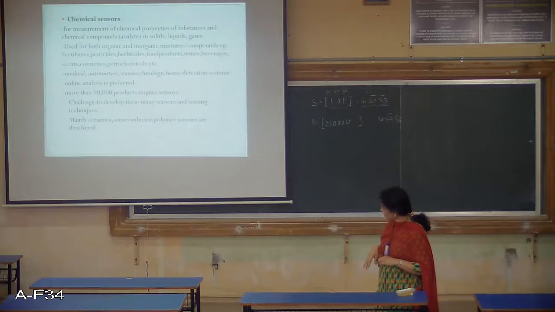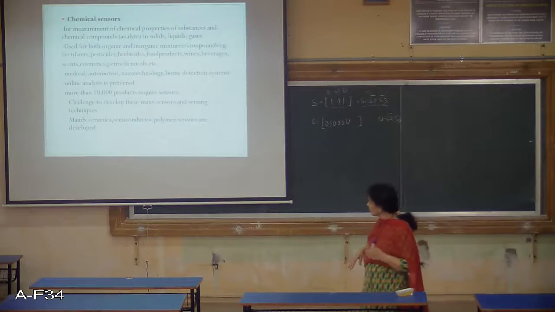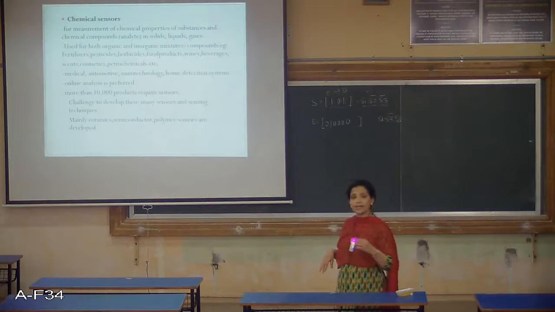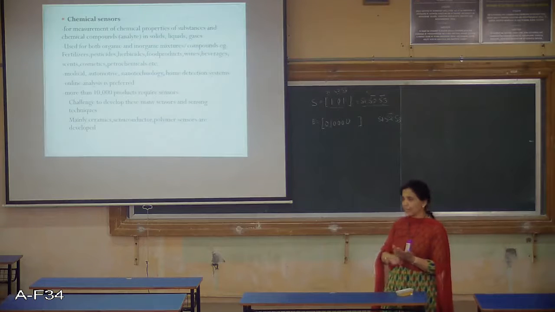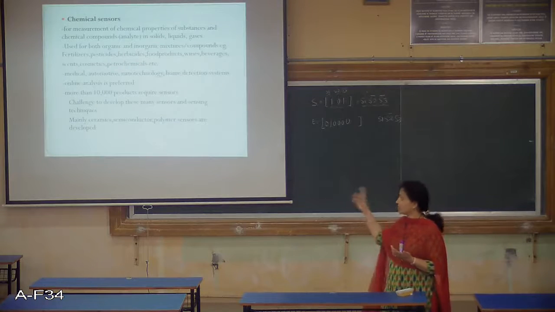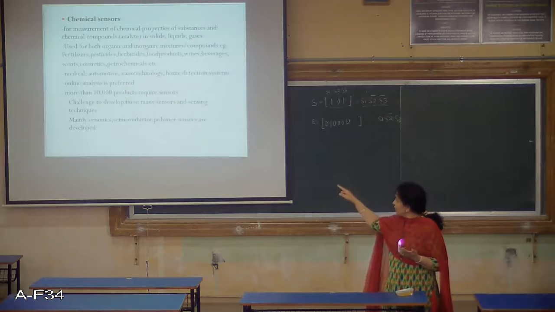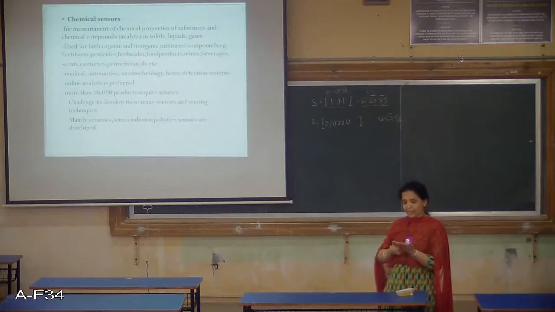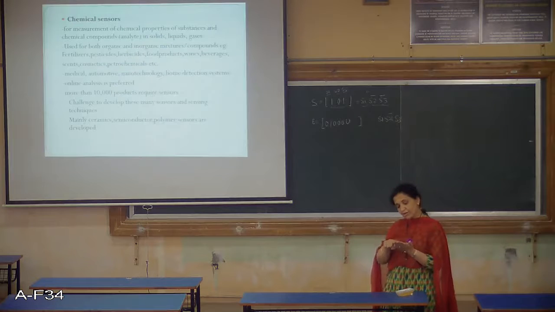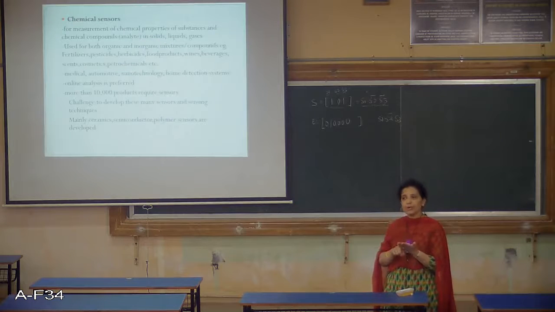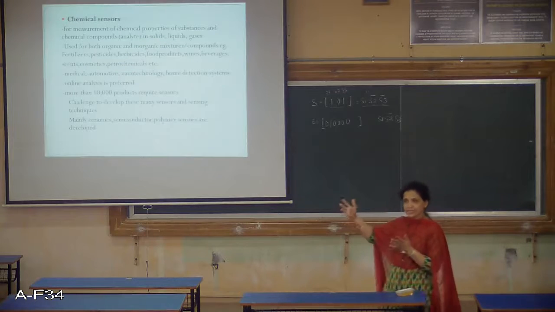The next point is that mainly ceramic, semiconductor, and polymer sensors are developed. These are the ones which are made using our advanced technologies. Now ceramics, semiconductors, all these you can see are low cost materials. So naturally all these sensors are very, very low in cost compared to our old sensors or transducers.